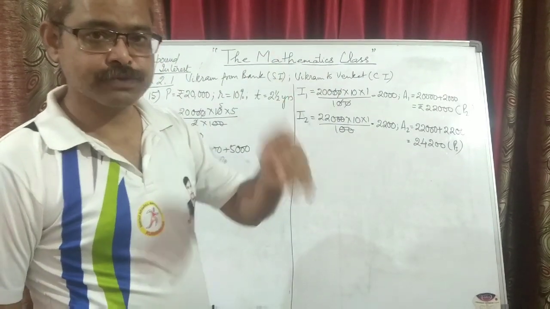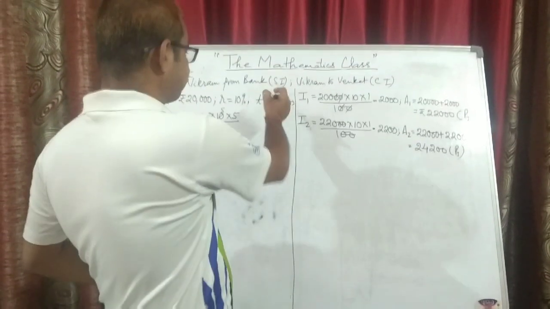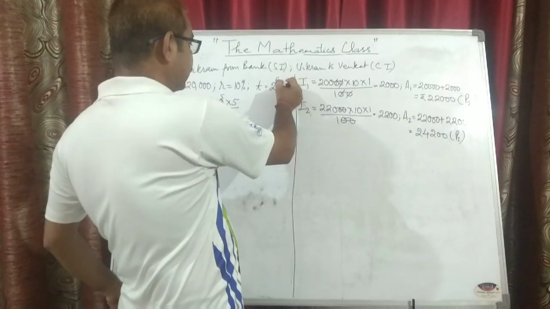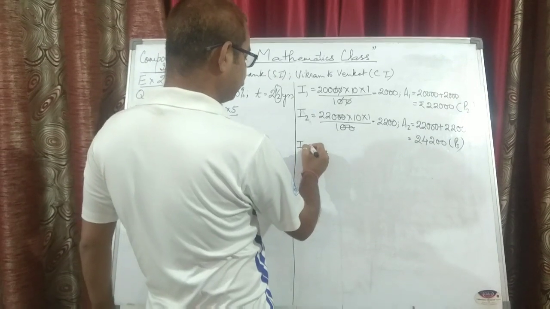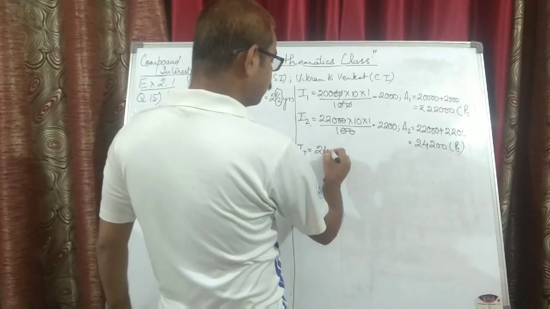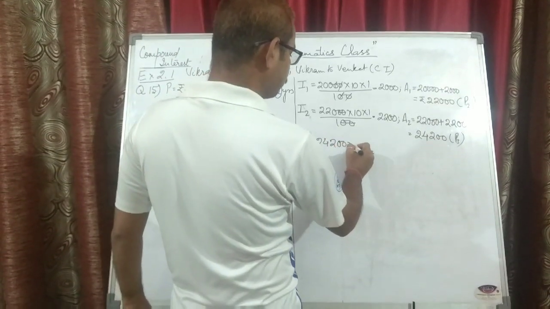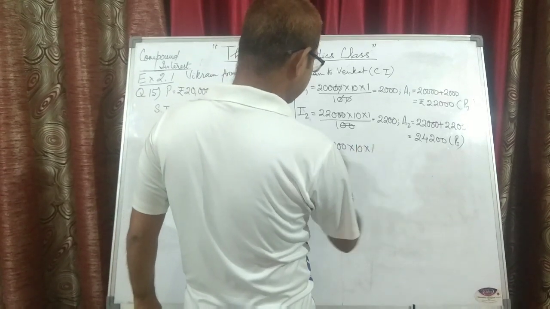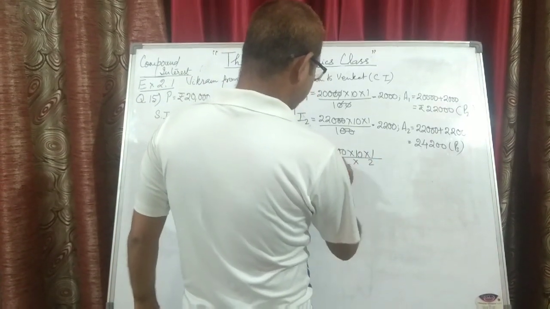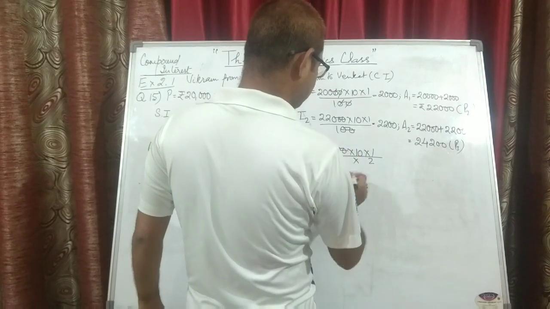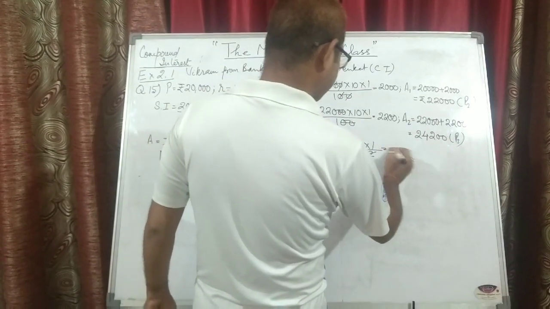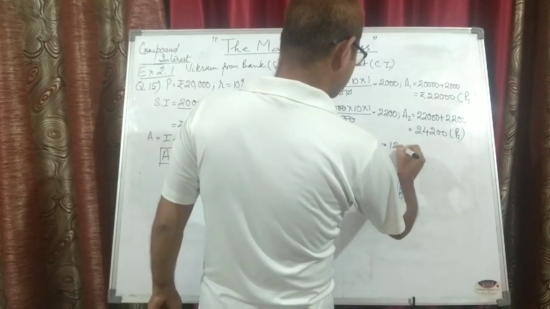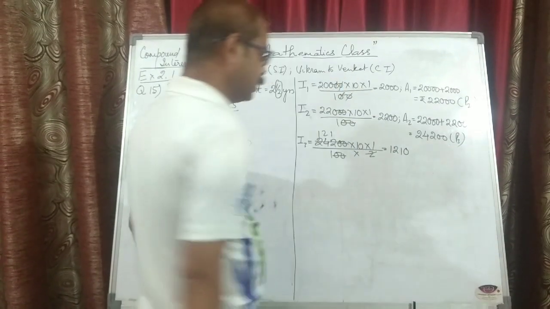Now we will calculate the interest for the third year, but that is half a year. For half we will calculate, so 1 becomes 1 upon 2. So I3 will be 24,200 into 10 into 1 upon 2 into 100. That becomes 1,210.